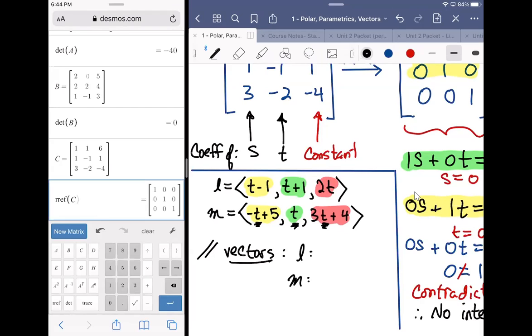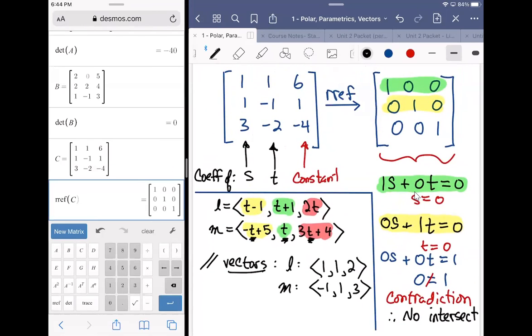So what I'd be looking for here is the coefficients of t, in this case 1, 1, 2, and in the case of m, -1, 1, 3. Either they're going to be multiples of one another or multiples of some other common vector.